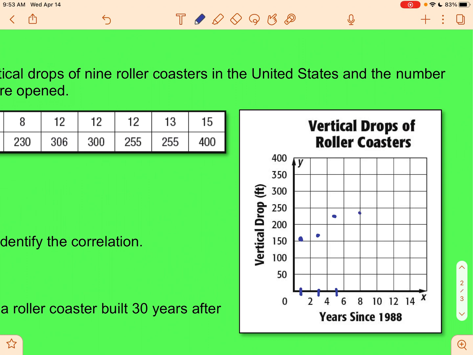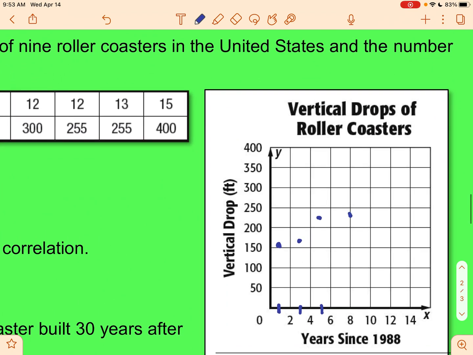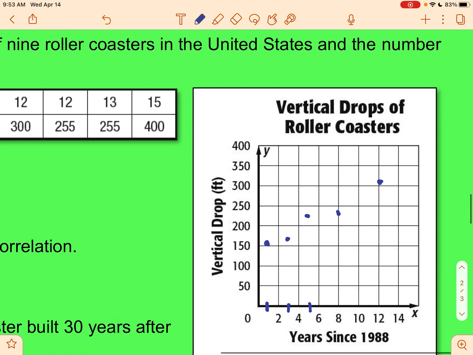So that's going to be a little bit higher. 12 is 306. Another 12 is 255. A 13 is 255. And a 15, which is right here, is 400.